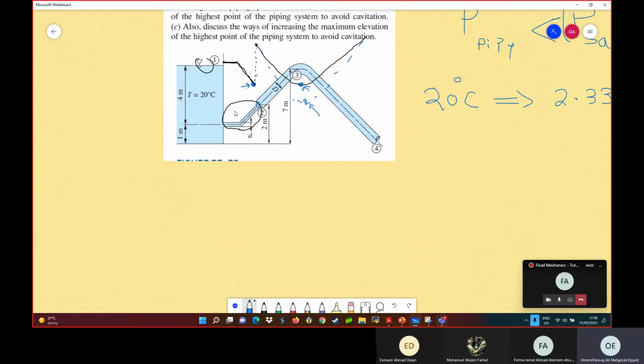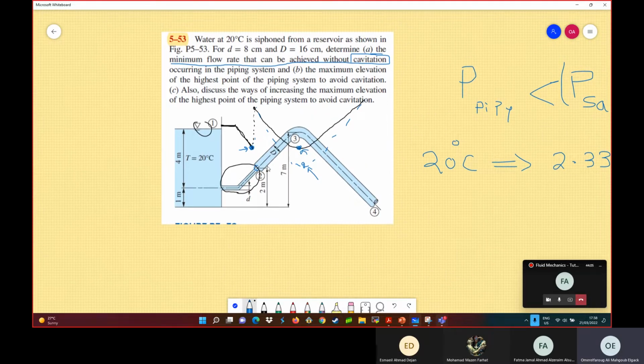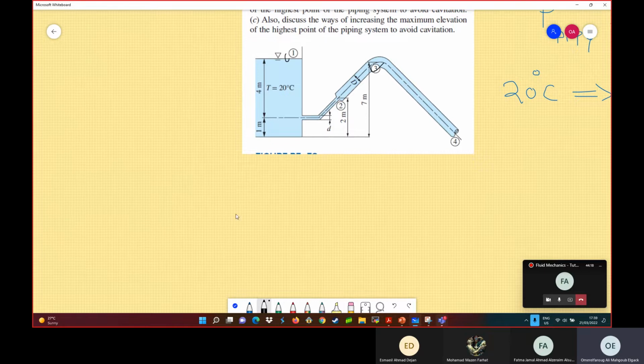I need to apply the Bernoulli equation. Okay, let's apply the Bernoulli equation between point 1 and point 3 and see what will happen. We have P1, the atmospheric pressure, right?